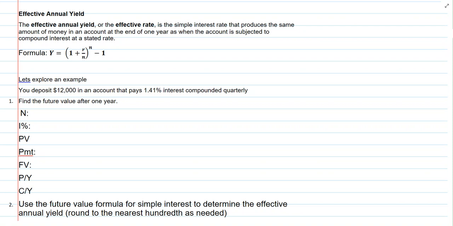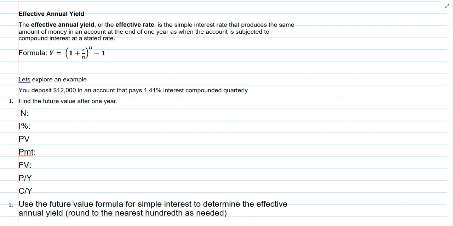And that at the end of the period, we're earning a little bit more than what is stated because our principal is increasing. Remember, in simple interest, it was always a consistent amount of interest. So here, let's talk about effective annual yield.